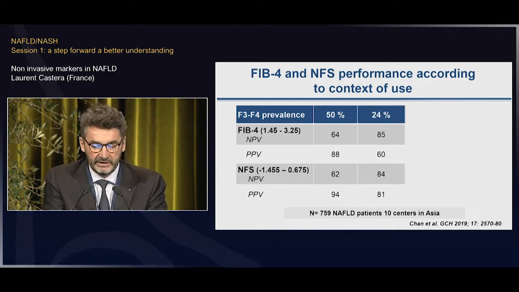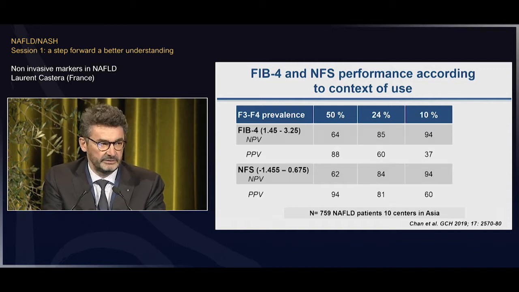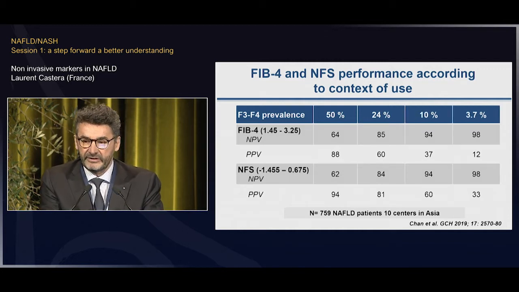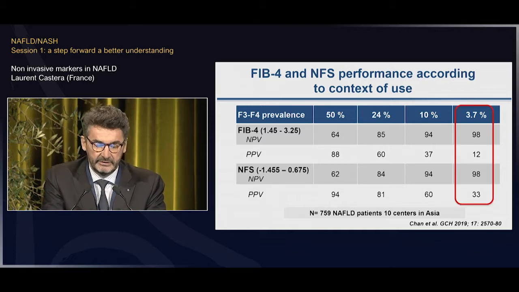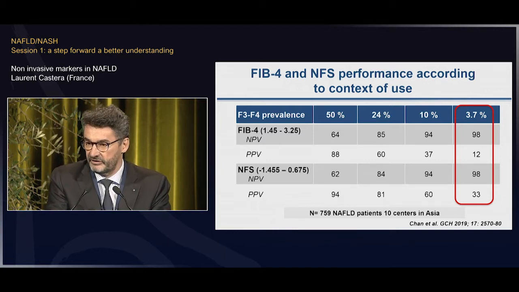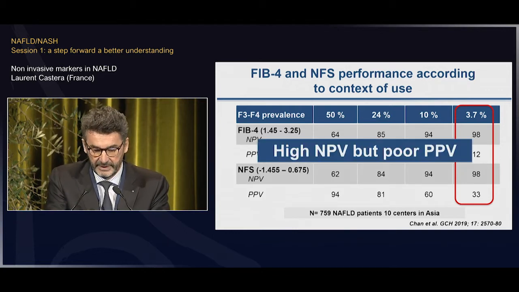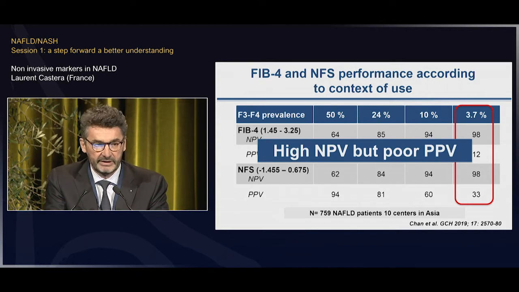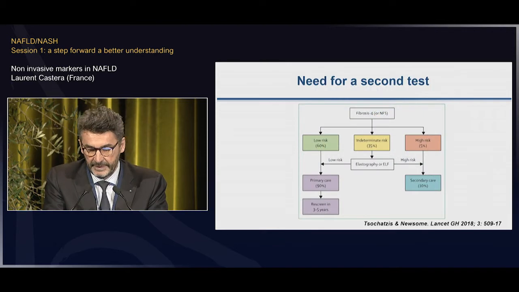But look, when the prevalence decreases, the PPV goes down. And if it's less than 5%, the PPV, whether you use the FIB-4 or the NFS, is below 30%, which is not acceptable. So very high negative predictive value, poor positive predictive value.